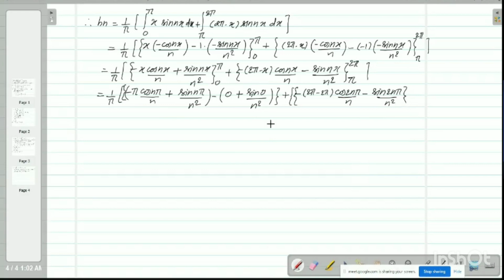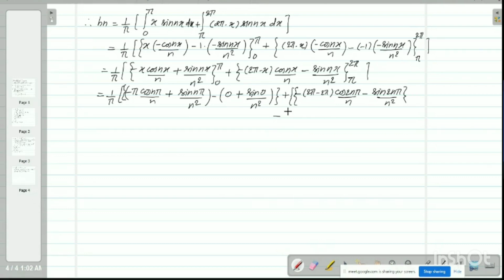This is for upper limit, and minus lower limit. Lower limit is, minus n is here, so put everything in the bracket with a minus sign.